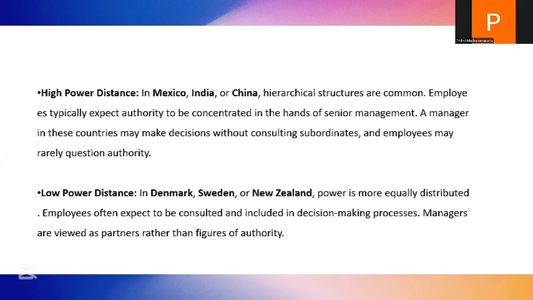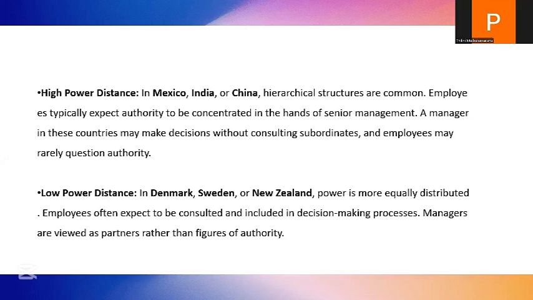And you can see low power distance in Denmark, Sweden, and New Zealand, where the power is more equally distributed, and employees are often expected to be consulted and included in the decision making process. Okay, so that's the difference between high power distance and low power distance.